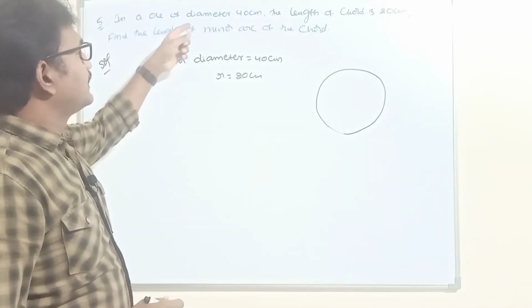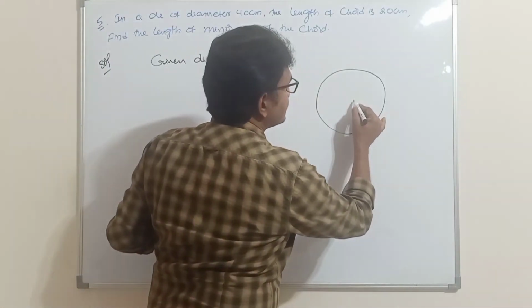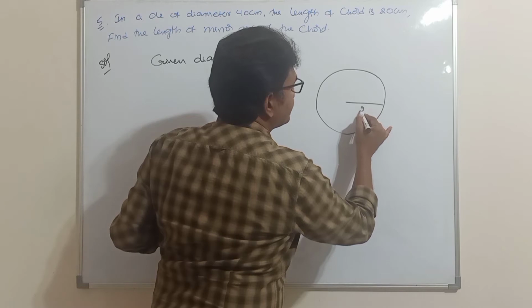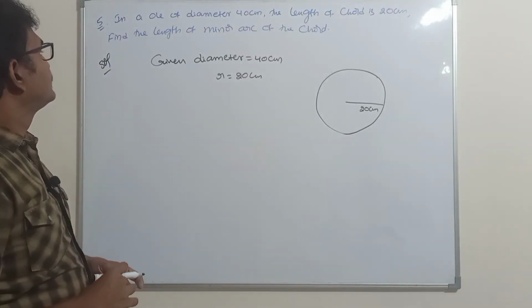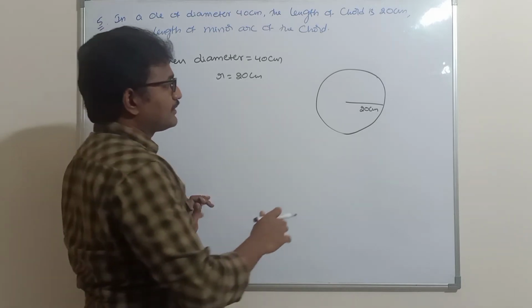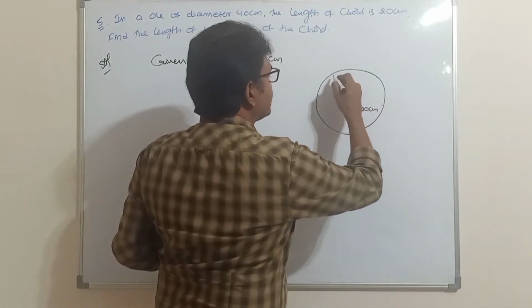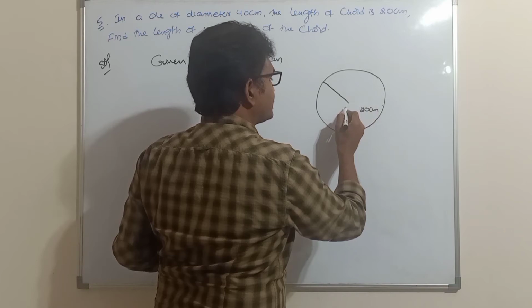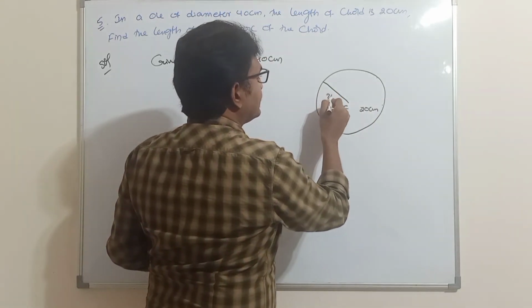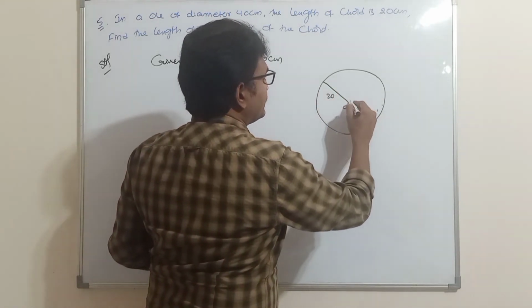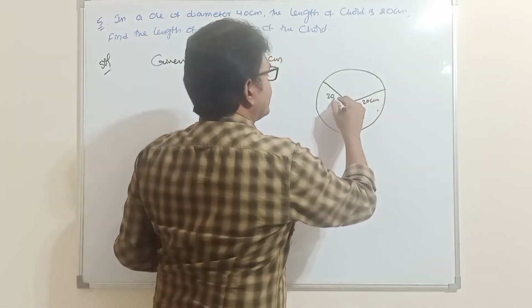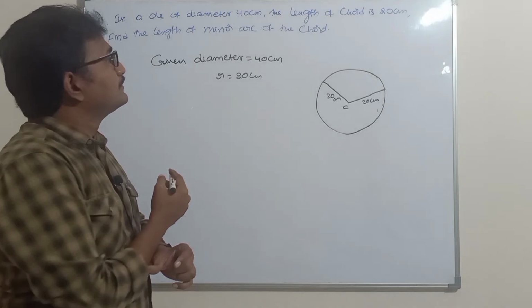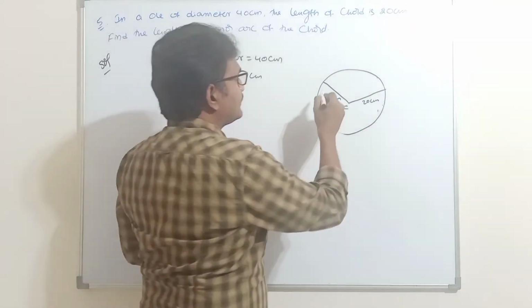For this circle, the diameter is 40, so the radius is 20 centimeters. Next, find the length of the minor arc of the chord. So here, this is the center, this length is given as 20 centimeters, and this is also a radius, 20 centimeters.